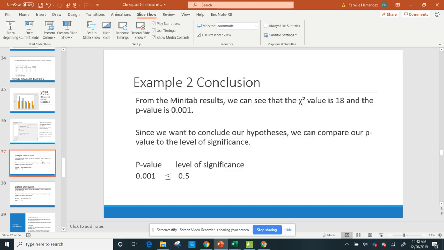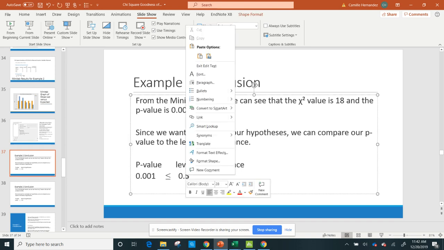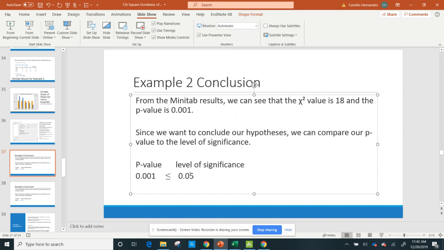So the conclusion. So from the Minitab results, we see that the chi-squared value is 18 and the p-value is 0.001. So again, I need to put my level of significance in correctly because I had a typo in the last one. Okay, so 0.001 is less than or equal to 0.05.